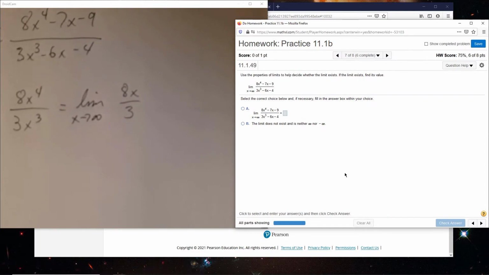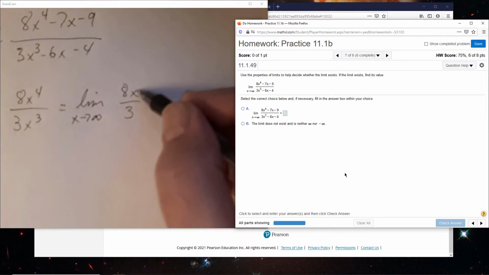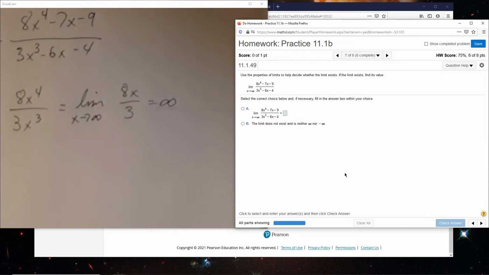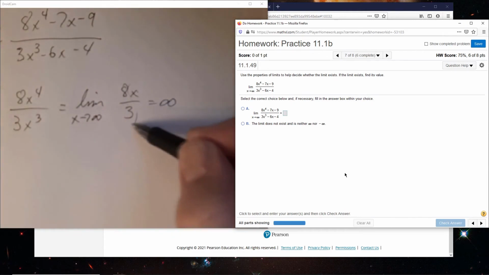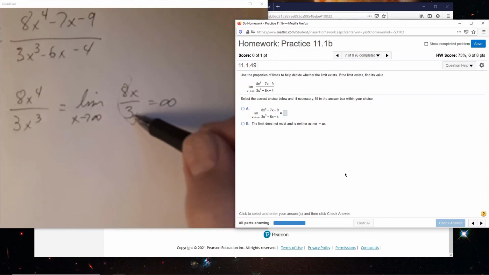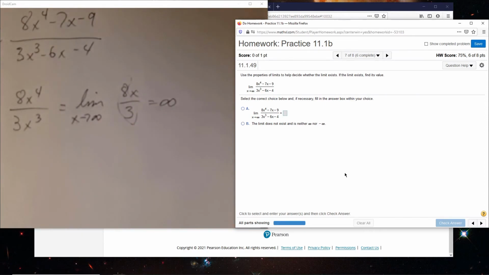So as x goes to infinity, x will go to infinity. So 8/3 here, any number greater than 0 times infinity is always going to be infinity.